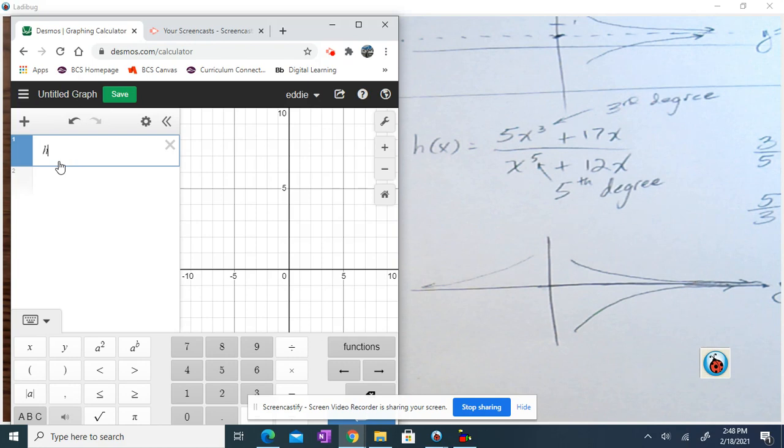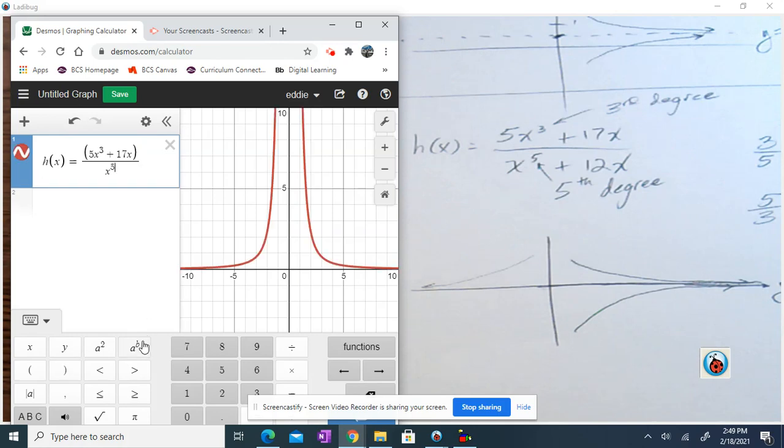H of x equals 5x third plus 17x over, I should have put parentheses around that, over x fifth plus 12x.